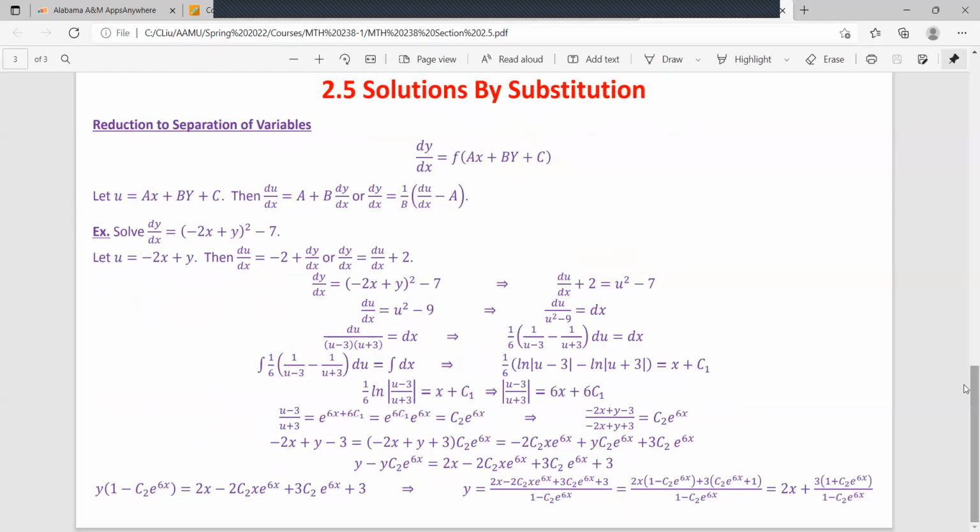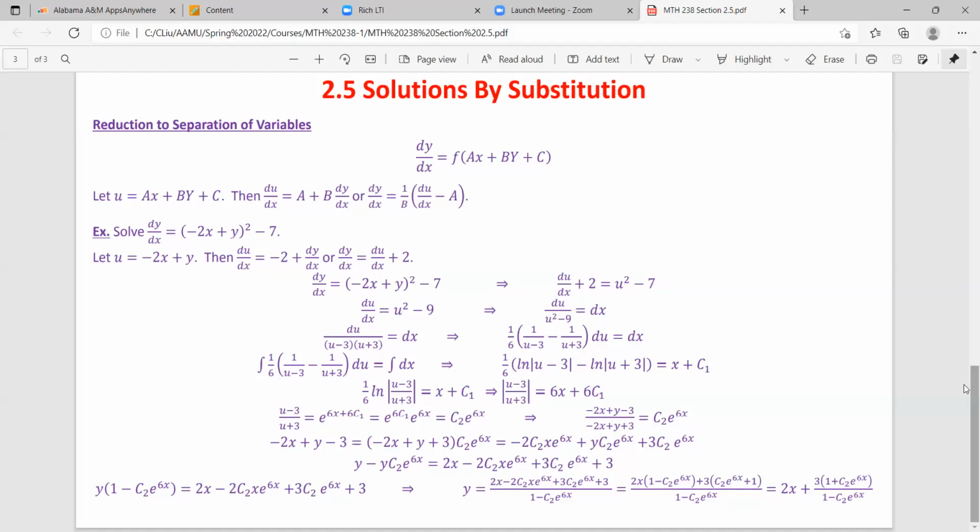Okay, so that's called a reduction to separation of variables. What it means is, you have an equation of dy over dx equals f of ax plus by plus c. So the function f on the right hand side is a function of ax plus by plus c instead of x or y.